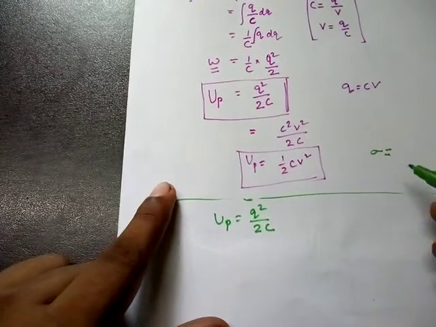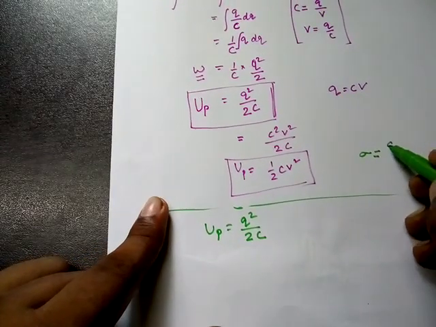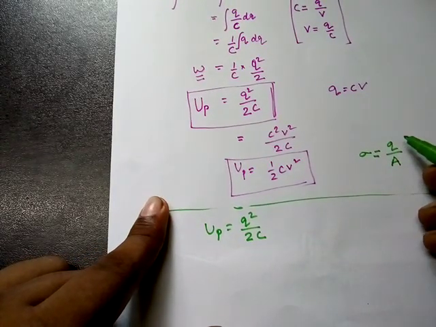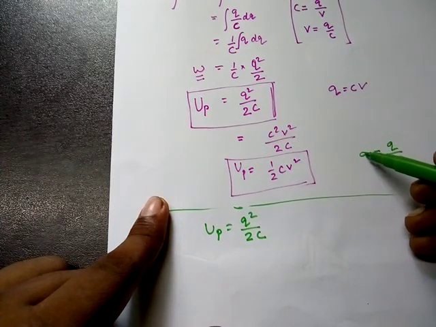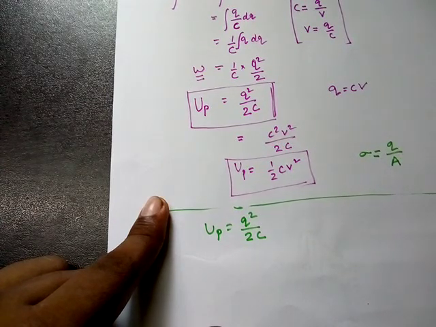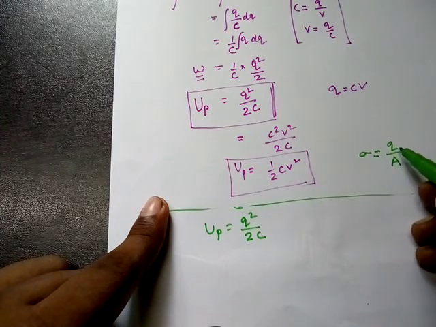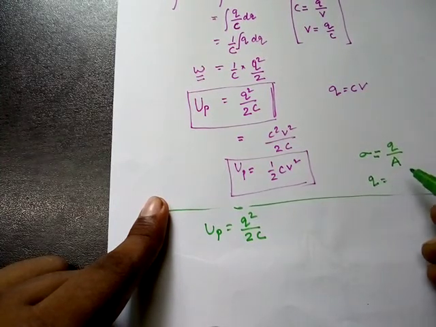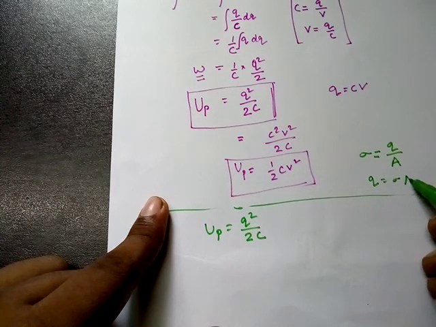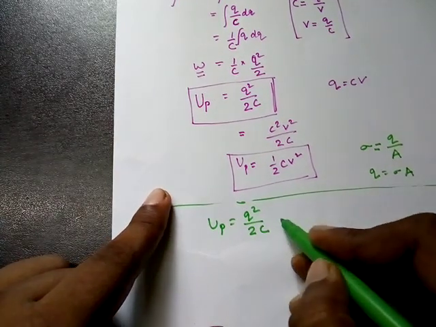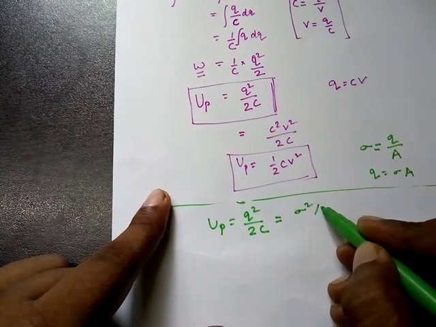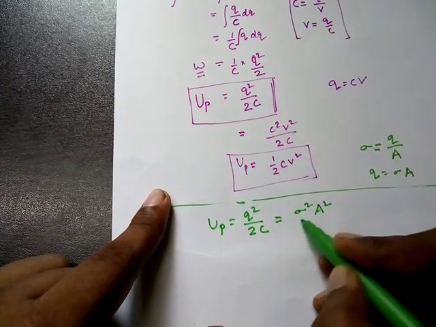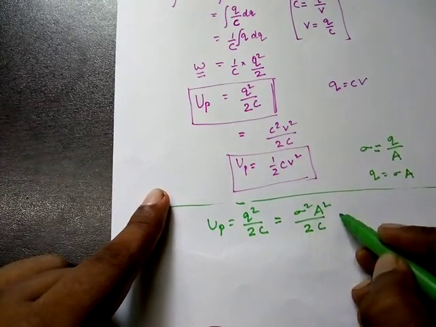This surface density of charge is equal to q by A, that is charge per unit area. So from here, q will be equal to sigma A, where sigma means surface density of charge. Putting this value over here, I get sigma square A square divided by 2C.